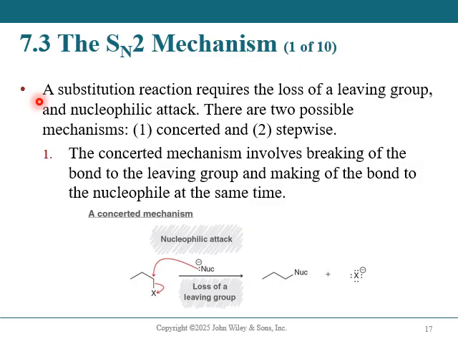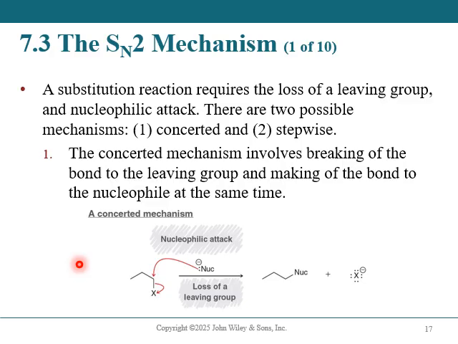There are two possible mechanisms. Either both things happen at the same time, we call that a concerted reaction, or they happen one after the other, which would be a stepwise mechanism. The concerted mechanism involves breaking of the bond to the leaving group and making of the bond to the nucleophile at the same time. We can see here, for example, the electrons are going towards your halogen, so this bond is breaking, and the nucleophile is attacking, making itself bound to what would be a carbocation in that area.